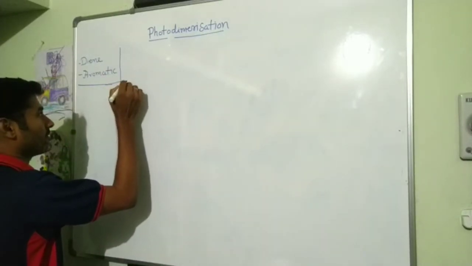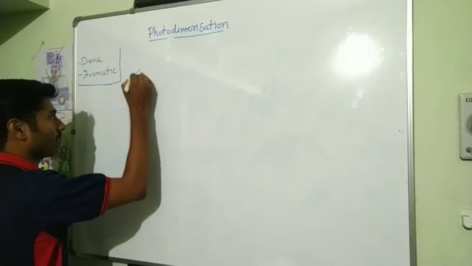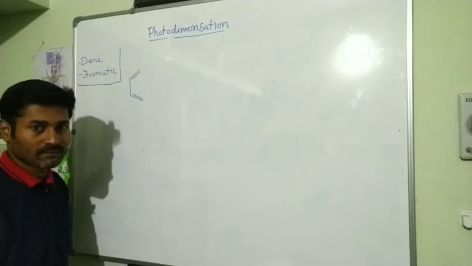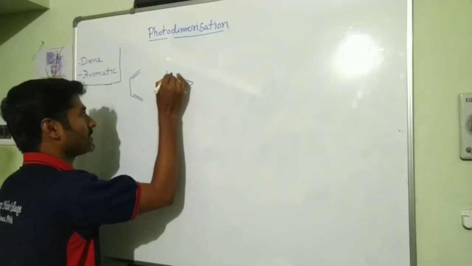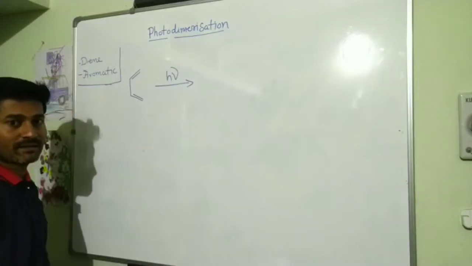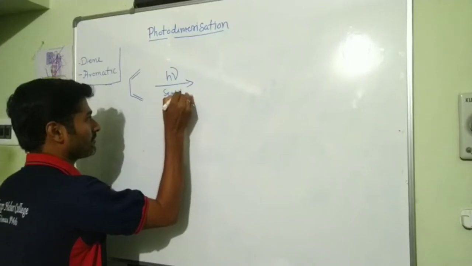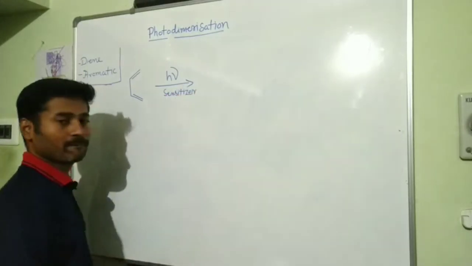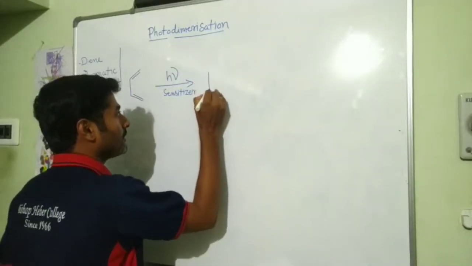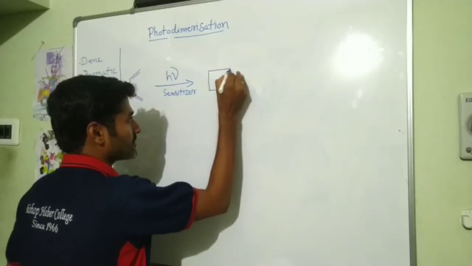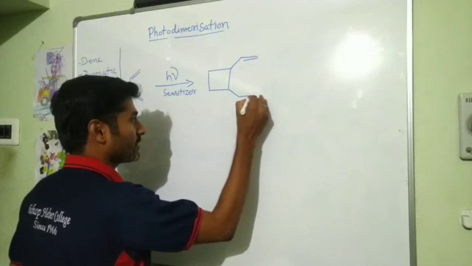So we can start with conjugated diene. If you irradiate with light in presence of sensitizer, then you can have three different products. Two products are substituted cyclobutane.